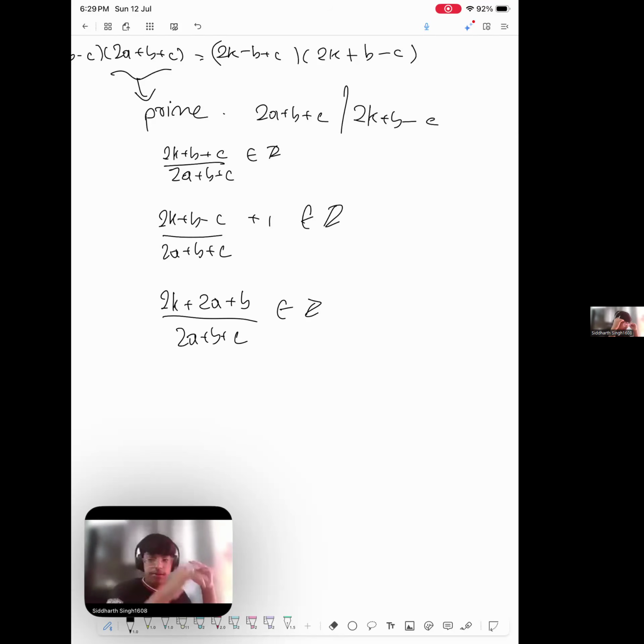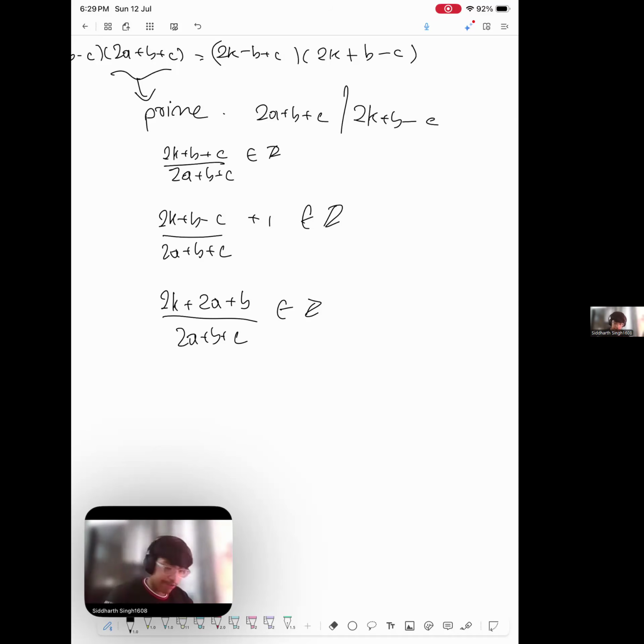We can do this because the entire thing is symmetric in B and C, no? Assume that 2k plus b minus c is actually not divisible by 2a plus b plus c. What we do then is ignore the mathematical part.